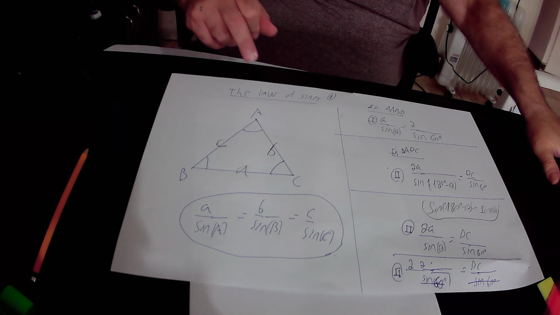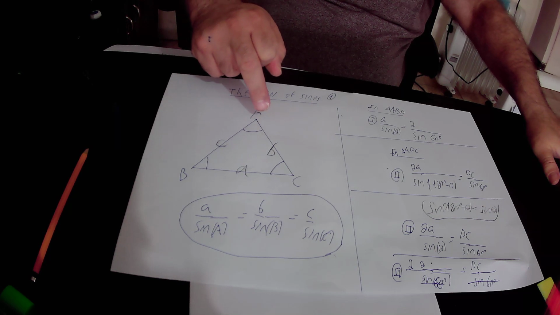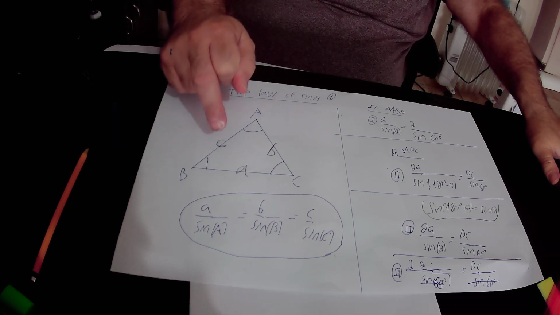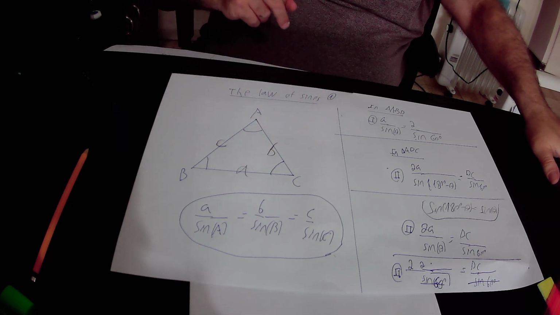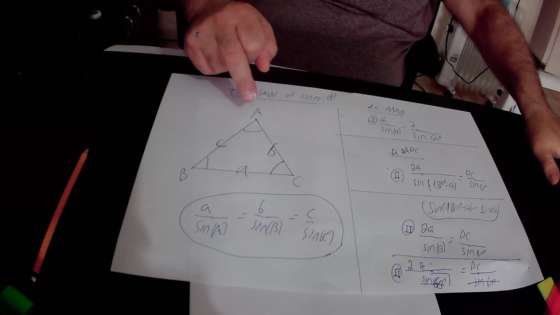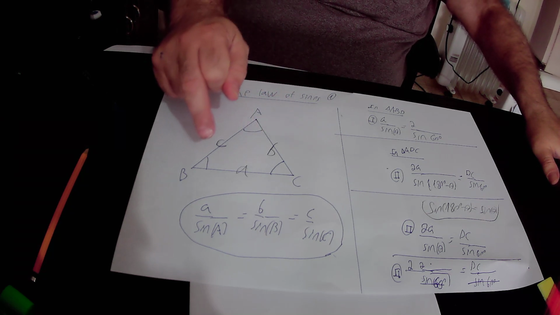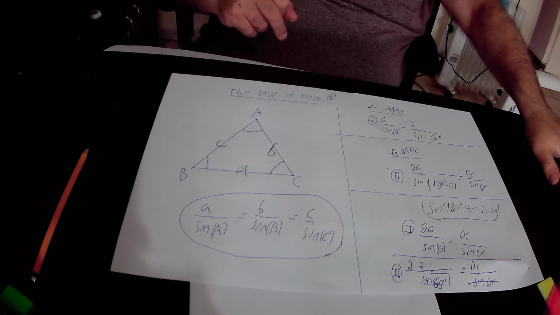In any triangle ABC, a over sine A equals b over sine B equals c over sine C, where capital A, capital B, and capital C are the sizes of angles BAC, ABC, and BCA correspondingly.